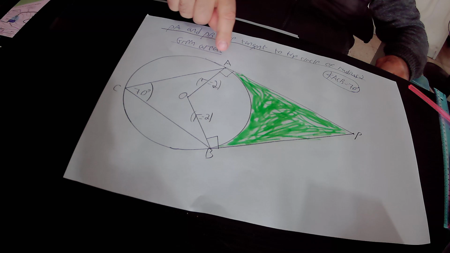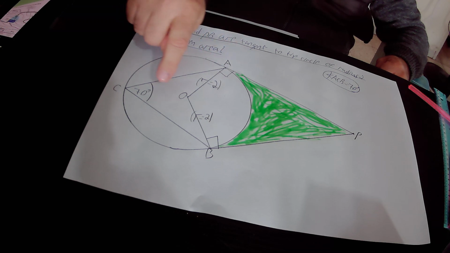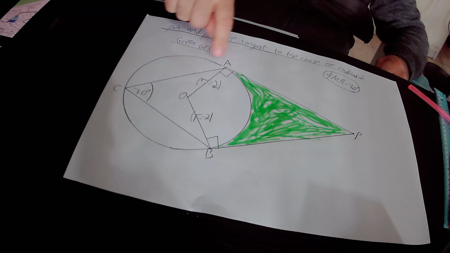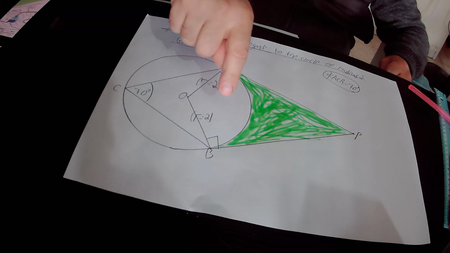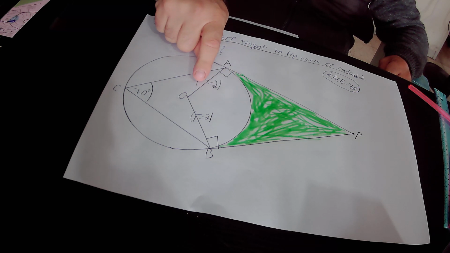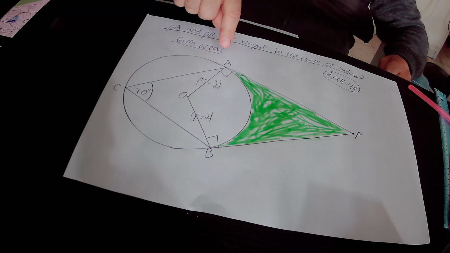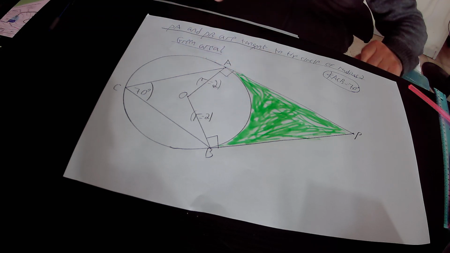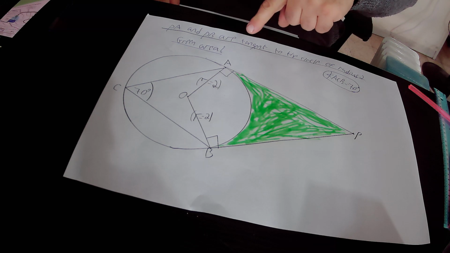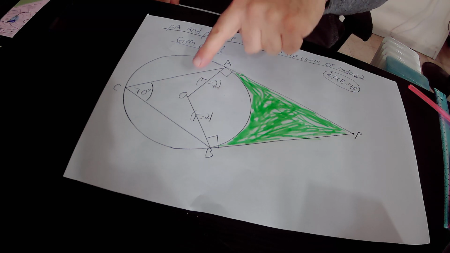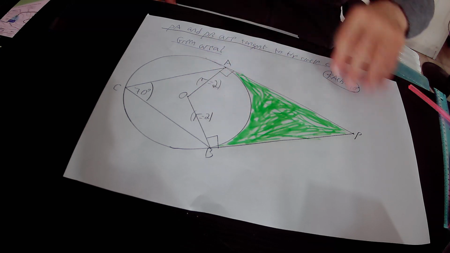Because the peripheral angle ACB is equal to 70 degrees, the central angle AOB will be equal to 70 degrees times 2, that is 140 degrees. So we found that the size of the central angle AOB is 140 degrees.